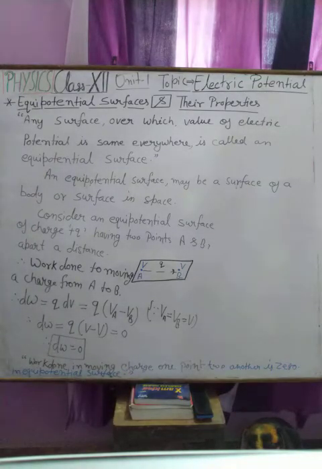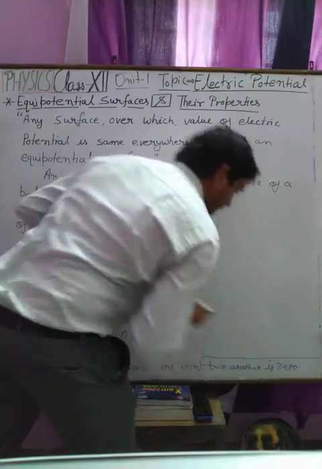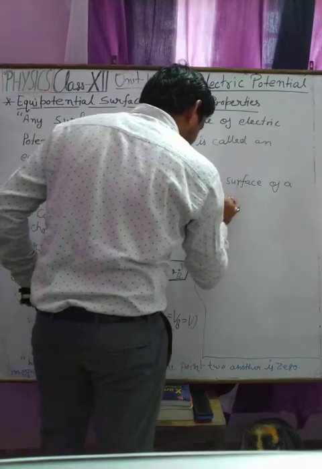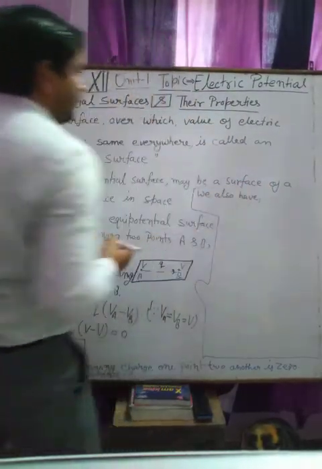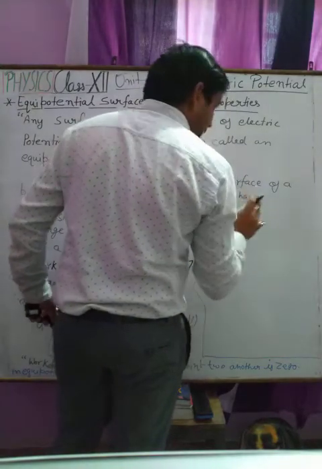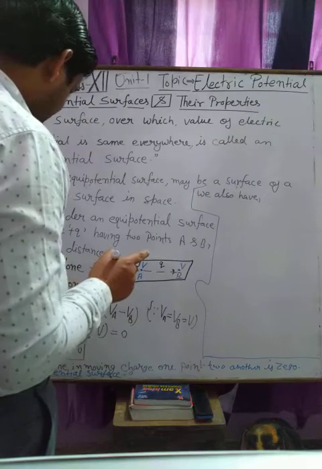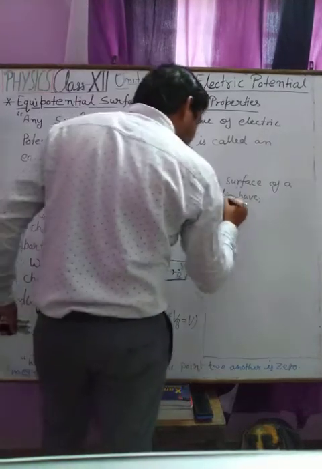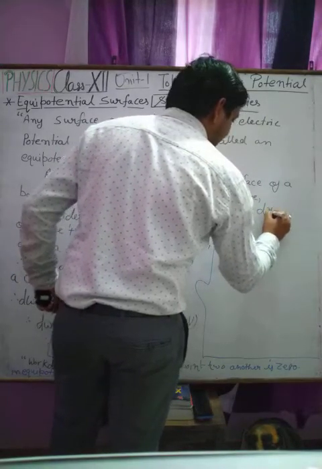Okay, student. Now we also have the potential gradient, that is, dV is equal to E dx.